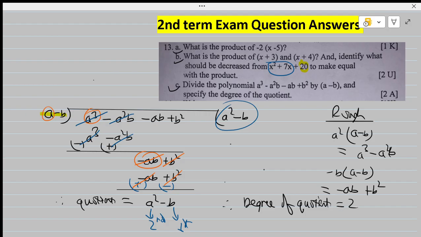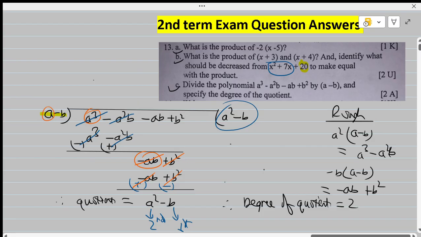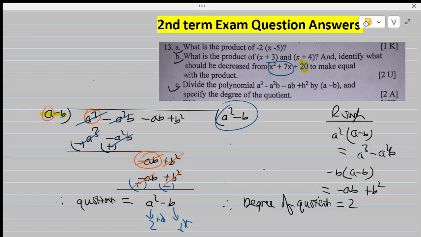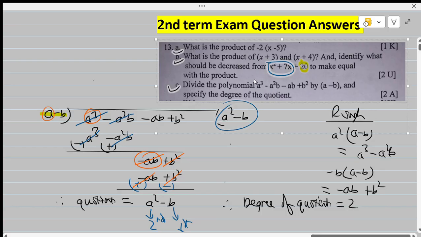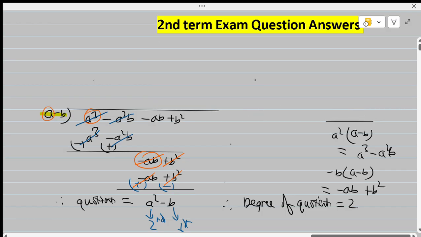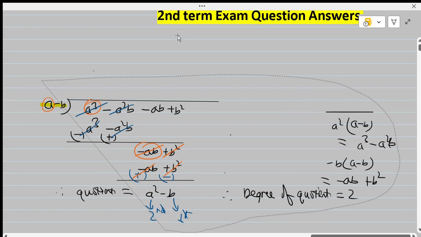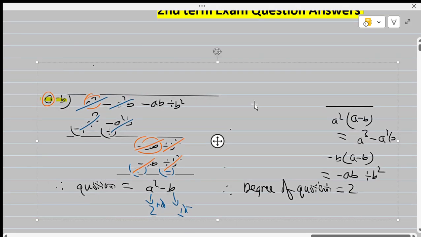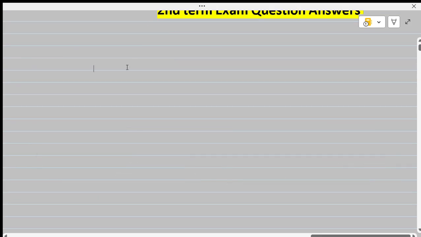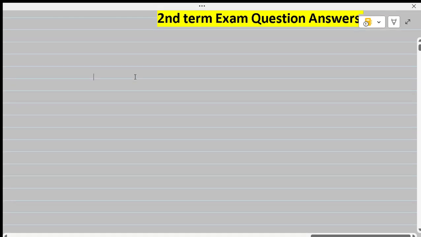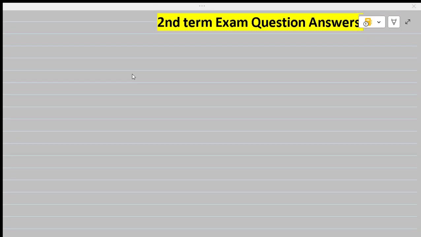That's all, is it? So it was number 13 ABC. Now move to the next number, is it 14? Okay, let's make this clear first. Okay, so number 14.